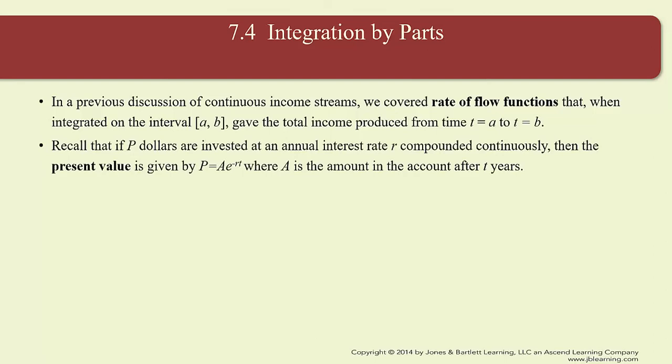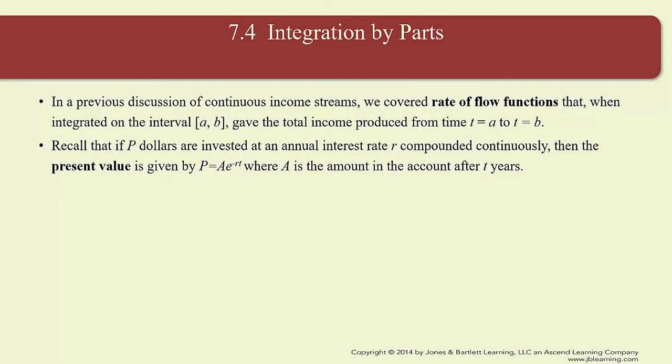Just remember that if we have P dollars invested at an annual interest rate r that's being compounded continuously, then the present value is given by P equals A e to the negative rt, where A is the amount in the account after t years, or the future value.